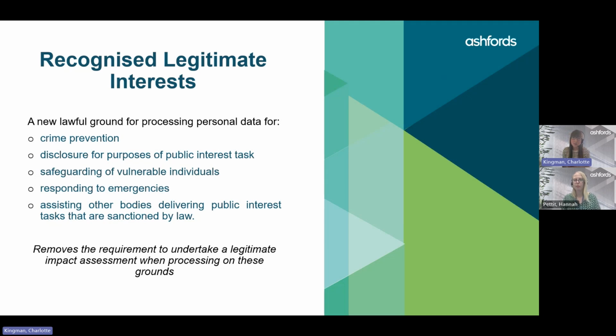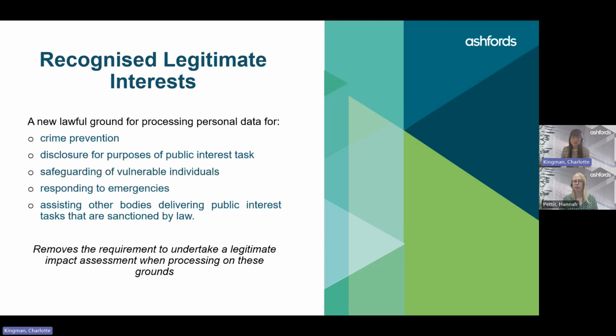The processing must still be necessary, and a lot of the other principles under the GDPR do still apply, but removing the requirement for an impact assessment does recognise the societal benefit of processing data in these ways and the potential negative impact of any delays that could be caused if an organisation is trying to undertake an impact assessment. You know, things like crime prevention, time very much can be of the essence.